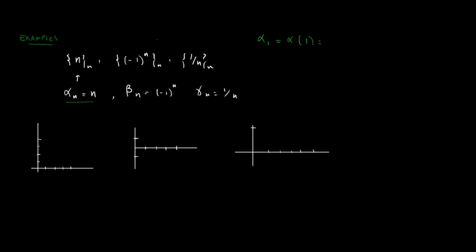So in this case, we have to substitute n with 1, and that gives us 1. Now alpha sub 2 is going to be 2. Alpha sub 3 is going to be 3, and so on.